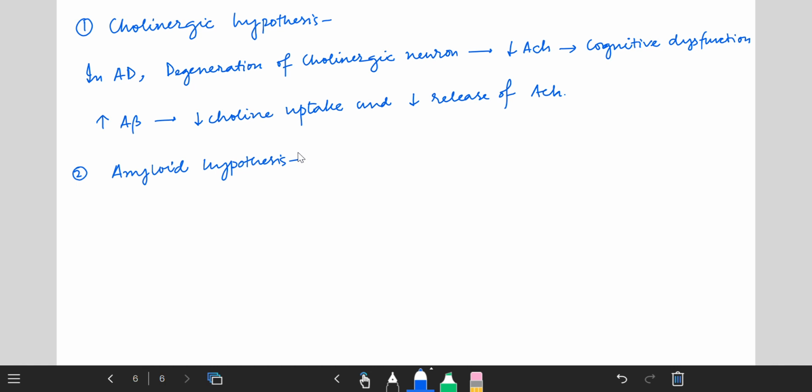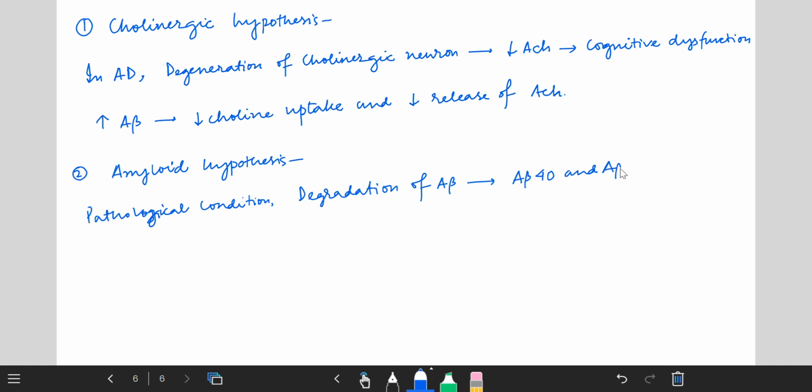But if a pathological condition develops, it will cause degradation of the amyloid peptide, which leads to formation of two kinds of peptide, amyloid 40 and amyloid 42.